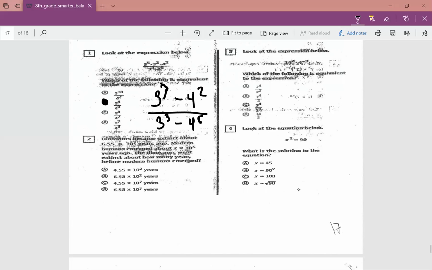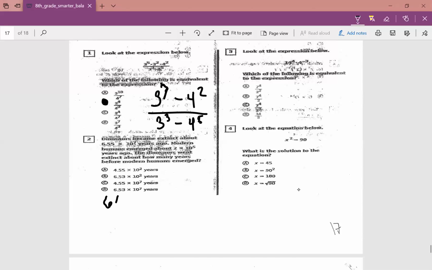Dinosaurs became extinct about 6.55 times 10 to the 7th years ago. Modern humans emerged about 2 times 10 to the 5th years ago. Here, with scientific notation, you want 6.55 times 10 to the 7th minus 2 times 10 to the 5th. Remember, you cannot add or subtract unless they have the same base and the same exponent.